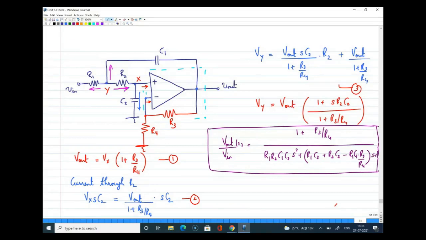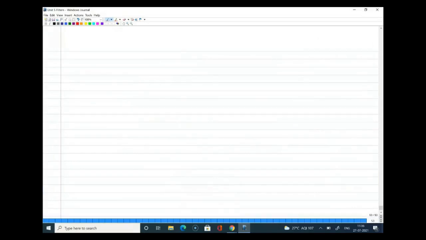Say, for example, when you put s equal to 0 and you get the transfer function value as 0, and when you substitute s equal to infinity, if you get a constant value, you can identify it as a high pass filter. Similarly, if it is a band pass, you will get 0 at both lower and higher frequency, and for low pass, a value will be available at low frequency but 0 at high frequency. So that is one way to identify. I can brief it here so that you will be able to identify from the transfer function itself.